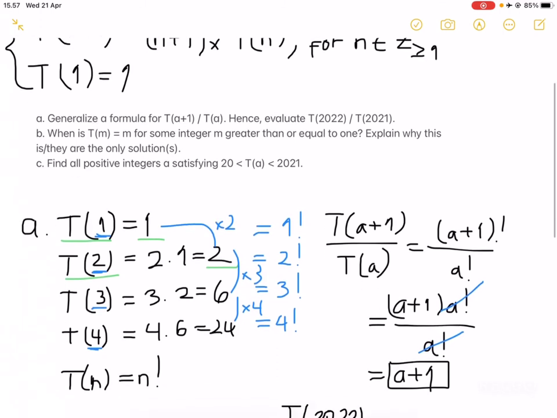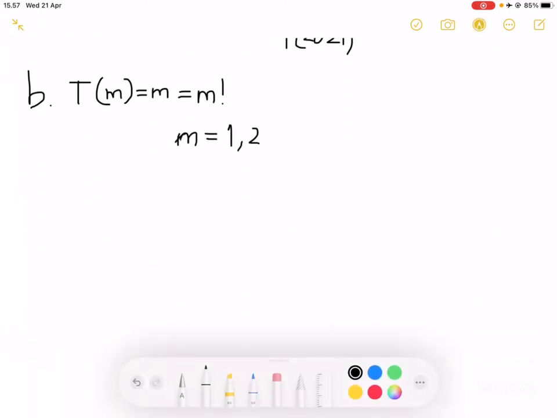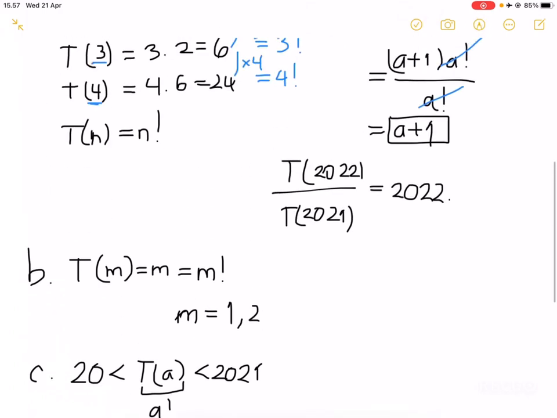Alright, and finally for part C, we need to find all positive integers a such that T of a is between 20 and 2021, not including 20 and 2021. Well, we can just experiment with values of a, since we know T of a is equal to a factorial. So let's see.